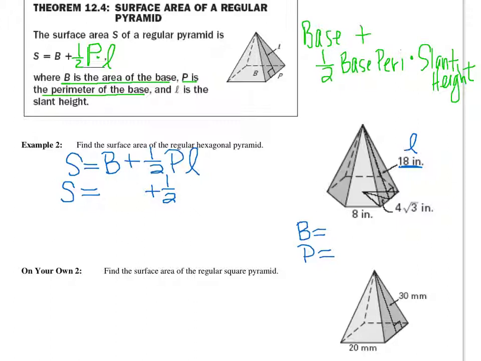So my base, there's 1, 2, 3, 4, 5, 6 sides here. And if you look at this little triangle right here, I could find the area of that little triangle right there. And the area of that little triangle is going to be half times 8 times 4 times the square root of 3.